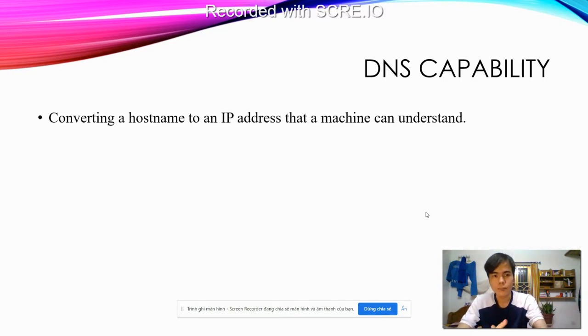The DNS capability is converting a host name to an IP address that a machine can understand, because sometimes the host name does not always include numbers. Some host names are full of letters and special signs, and the computer or some devices cannot understand them.